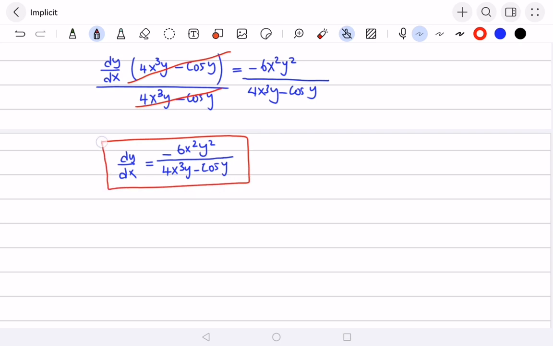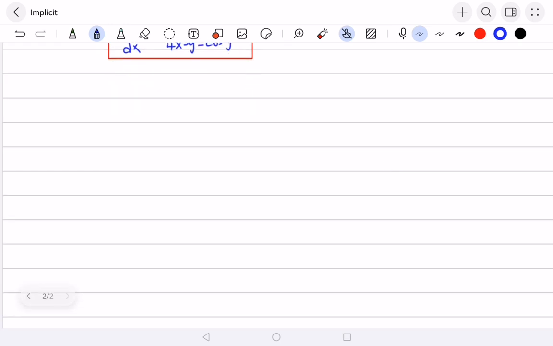This is how you do implicit differentiation. Now let's look at the next example, example number 3. This will be our last example.